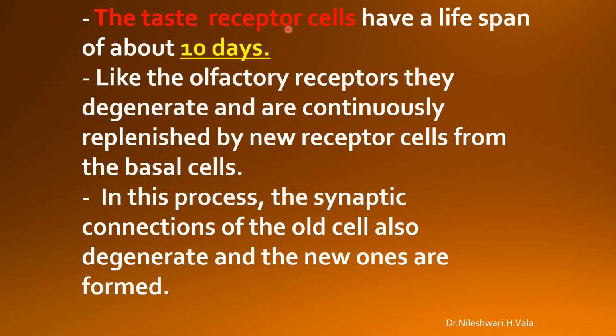Taste receptor cells have a lifespan of about 10 days. Like the olfactory receptors, they degenerate and are continuously replenished by new receptor cells from the basal cells. In this process, the synaptic connections of the old cells also degenerate and new ones are formed.